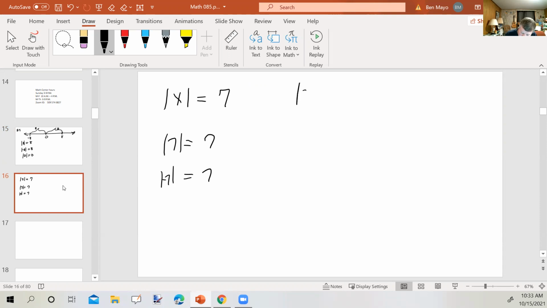So for this equation, the absolute value of x equals 7, we get the following two answers. x is 7 and x is -7. It could be both of those. Any questions about that situation?